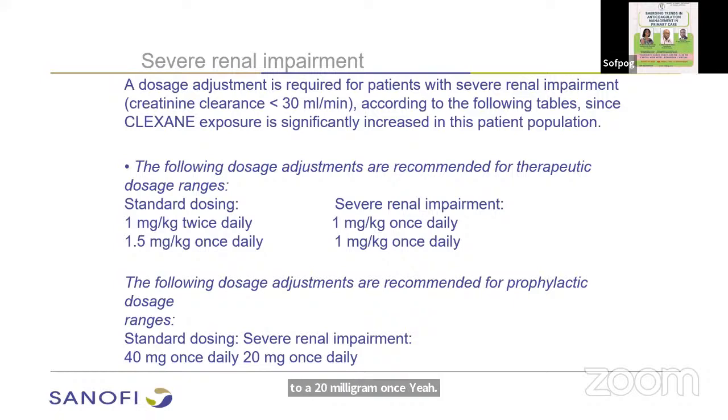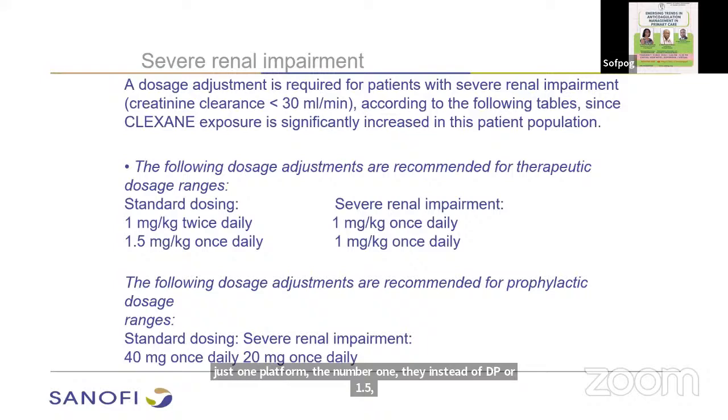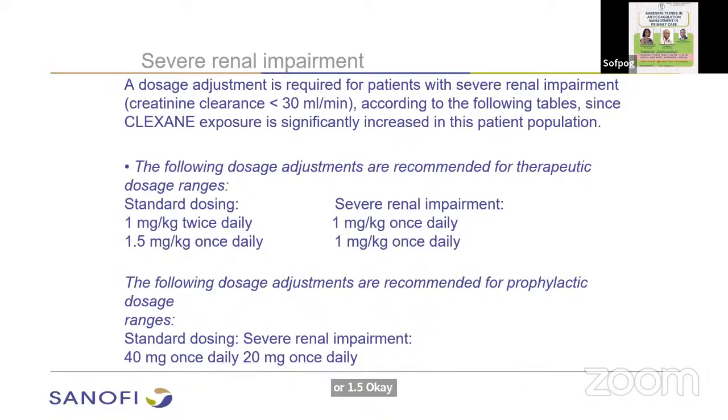And also, when it comes to treatment, these patients' dose will be reduced by giving them just 1 milligram per kilogram body weight daily instead of BD or 1.5 milligram per kilogram body weight daily. So for renal impairment, it's 1 milligram per kilogram body weight or the 20 milligram as prophylaxis.